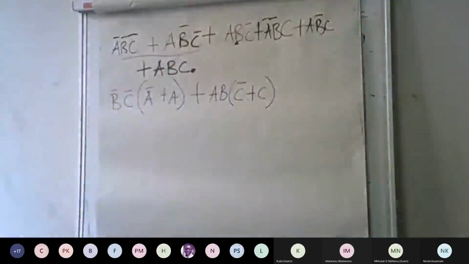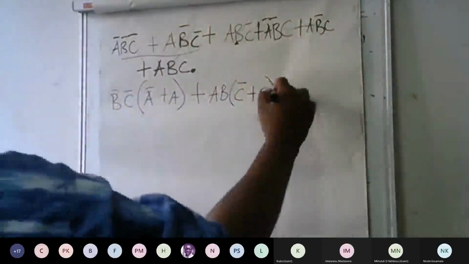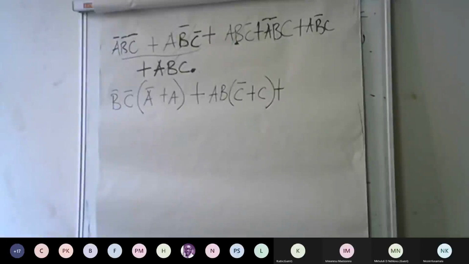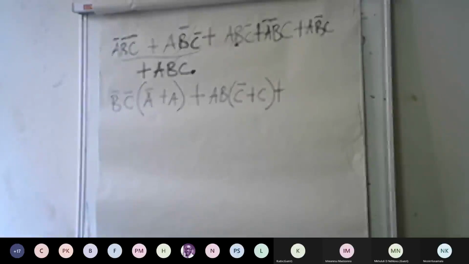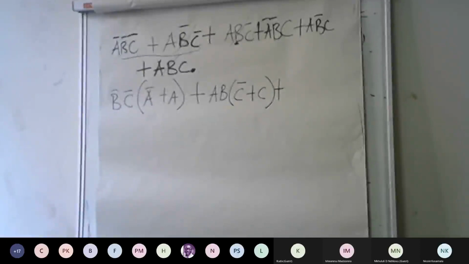I'm left with those two terms. I see that B complement C is common. I can factor out B complement C here, then I have A complement plus A. So ordinarily I have B complement C complement plus AB plus B complement C, where all these are ones, and they will be eliminated.